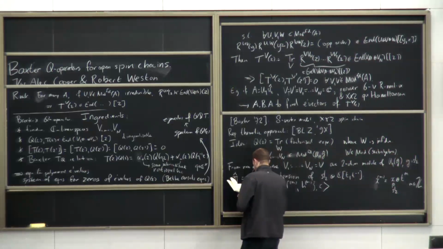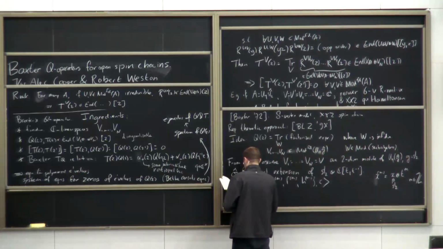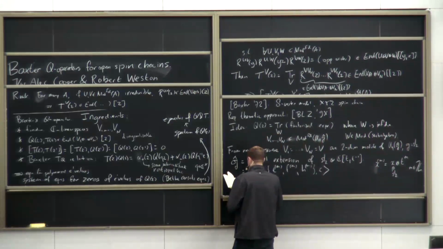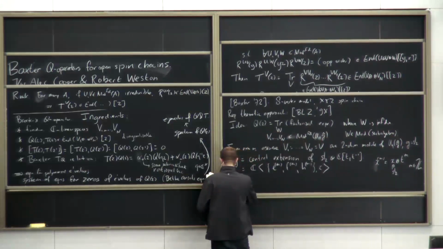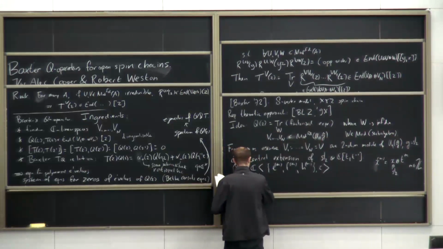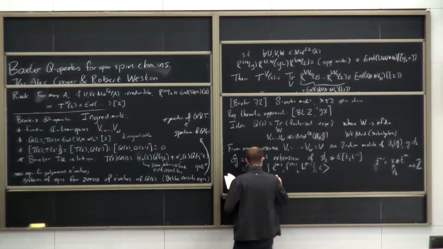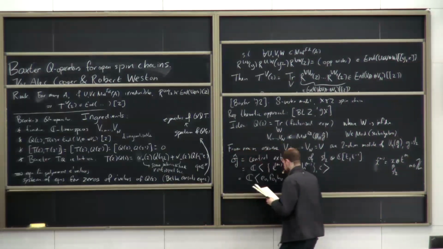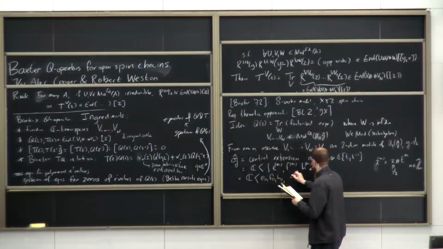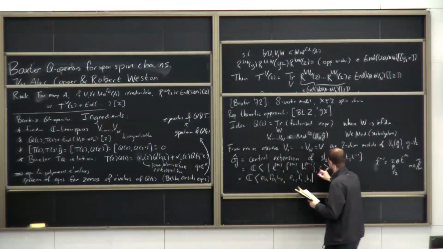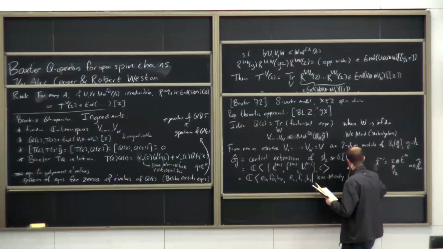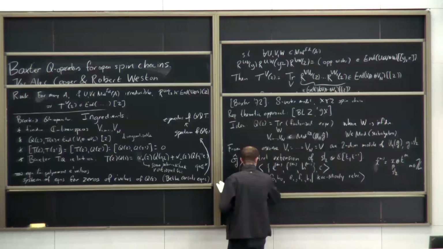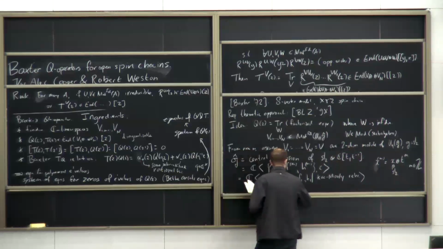There are certain relations, but you can rewrite those relations in the Kac-Moody style. So you get just two sl2 triples satisfying Kac-Moody relations. This forms an sl2 triple, and this forms another sl2 triple.